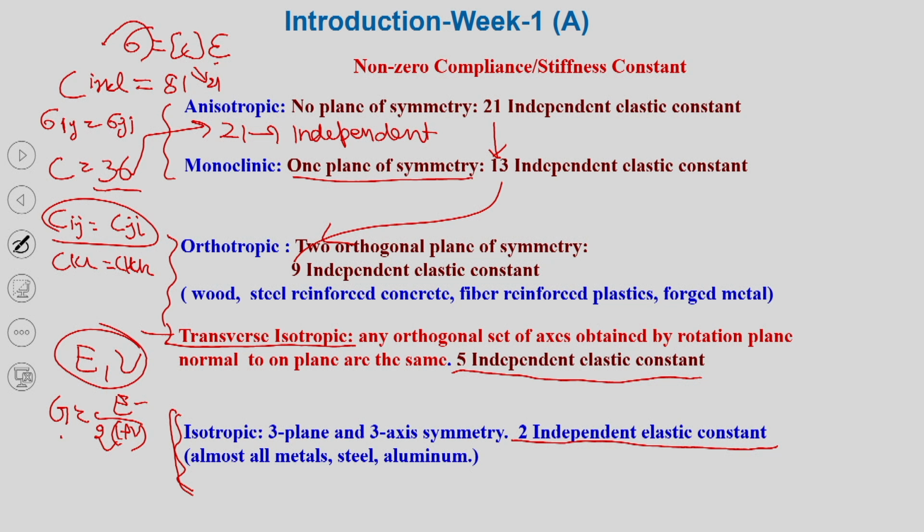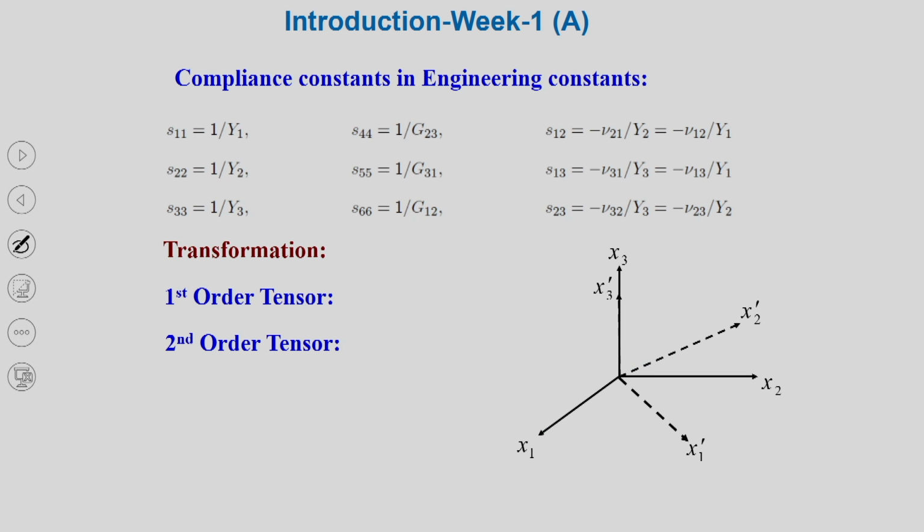But if you talk about transverse isotropic or orthotropic material, then we write the solution in terms of C, or in S, the complete components C11, C12 like this. So compliances S11, S22 can be related to the engineering constants, basically E1, E2, E3, Young's modulus, or sometimes we call it Y1, Y2, Y3.